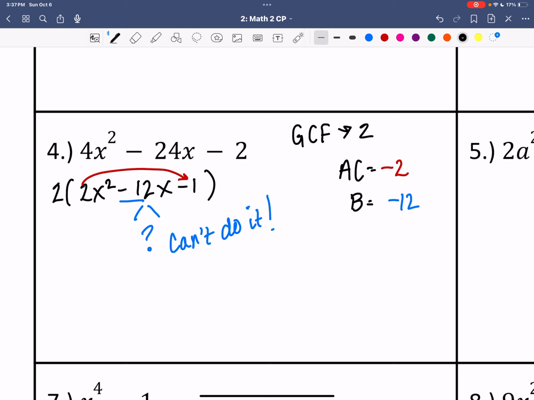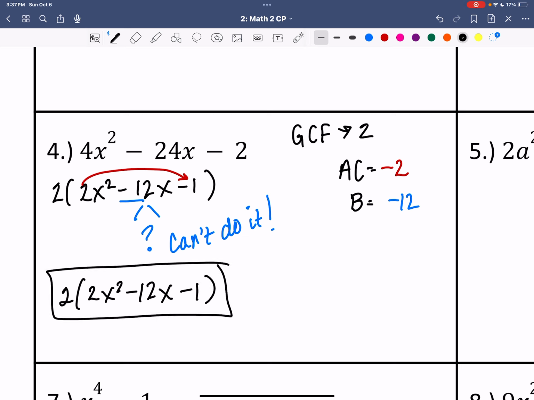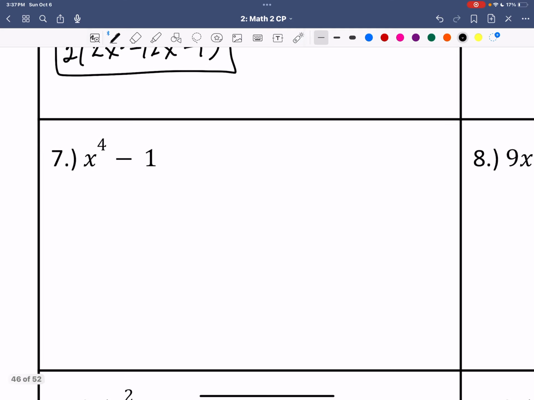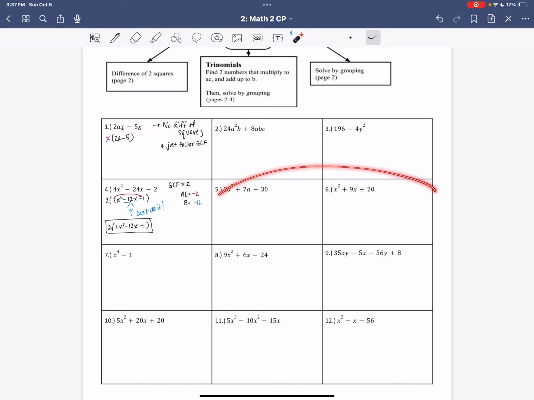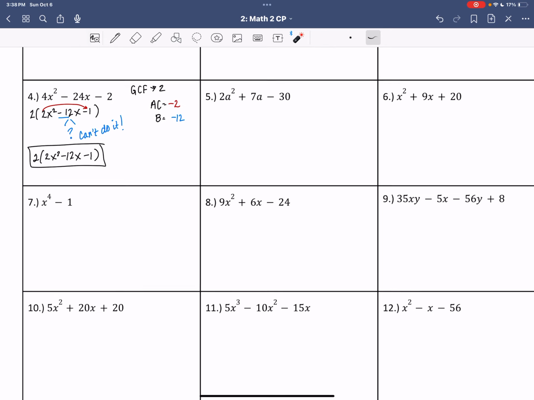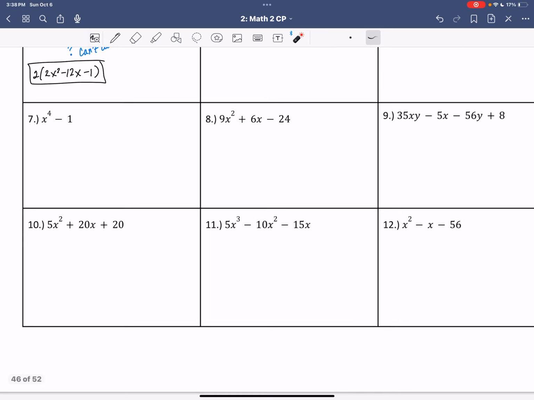So your final answer is just 2x squared minus 12x minus 1. All right, so now let's go ahead and let's do one here. You're going to go ahead, you're going to finish those. And then let's do number 7.